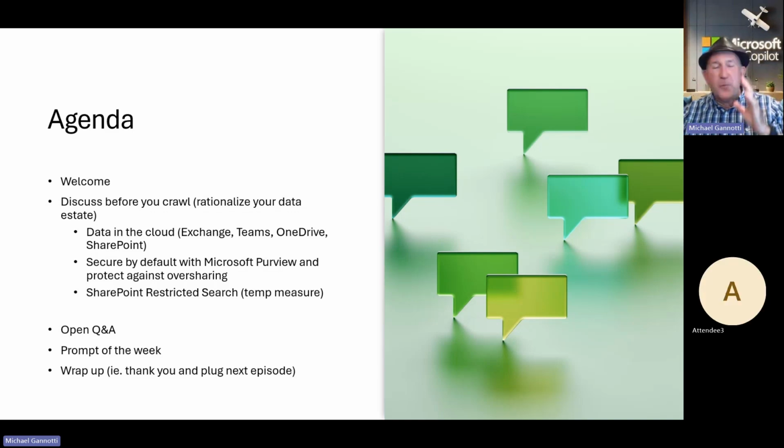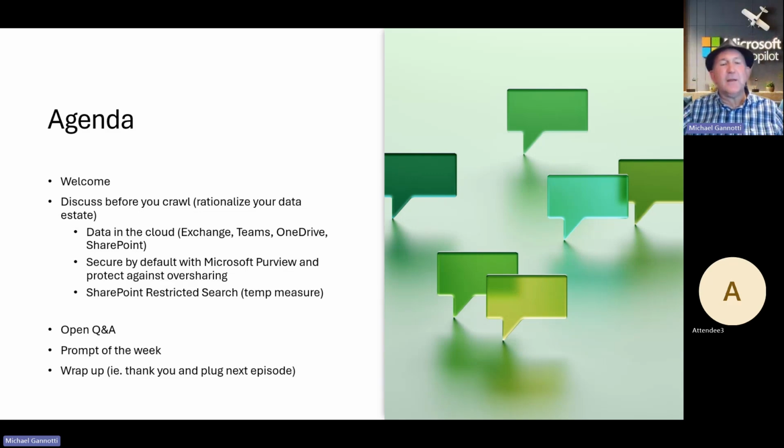But for a pilot, for an initial piece where you're first getting in there, SharePoint restricted search will allow you to go ahead and to crank down the available data that a user is going to have access to through Copilot and SharePoint search. So both. And how it works is this.